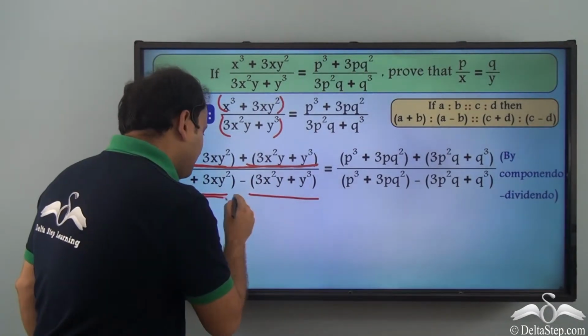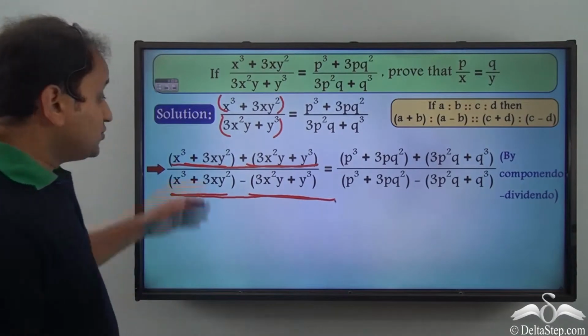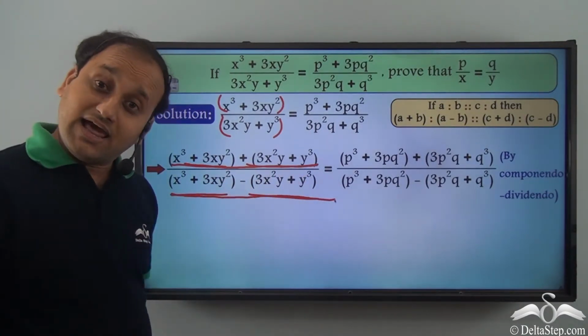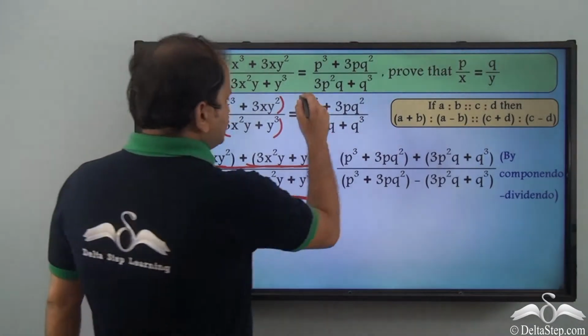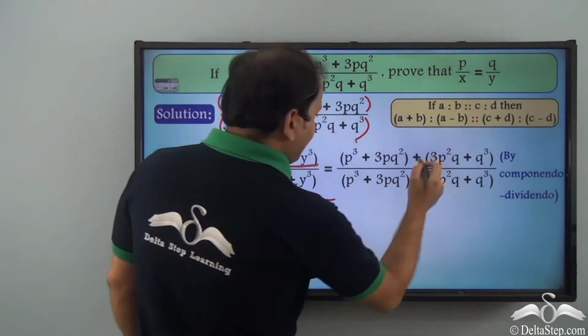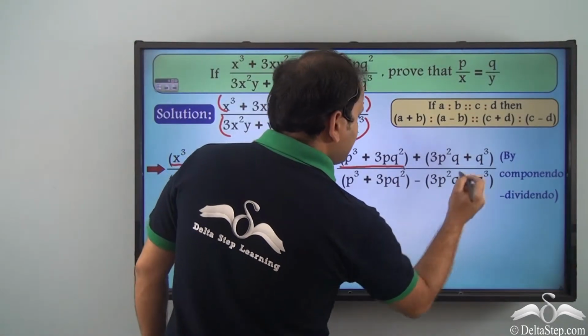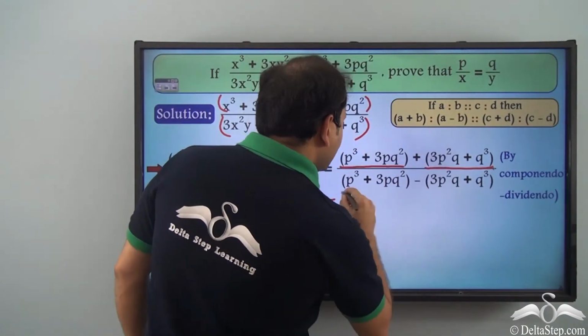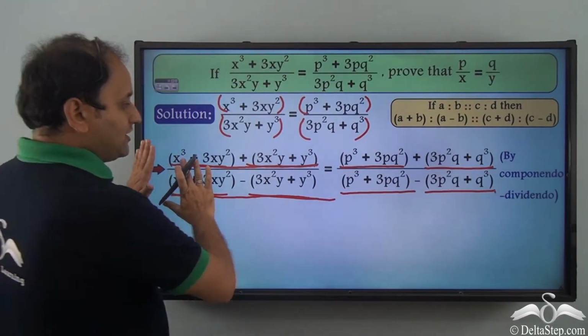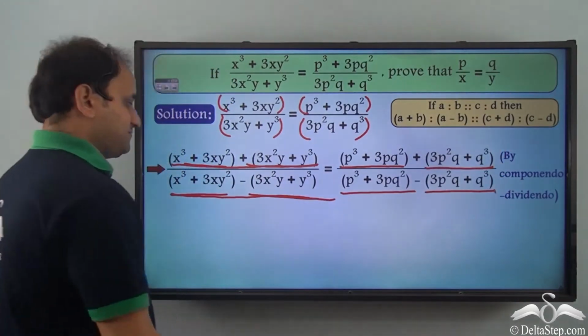Similarly, because we applied componendo dividendo, even in the numerator we got this entire expression in a single line. Similarly, if we consider this as c and this as d, then we'll have c plus d by c minus d. So we have got this entire expression.